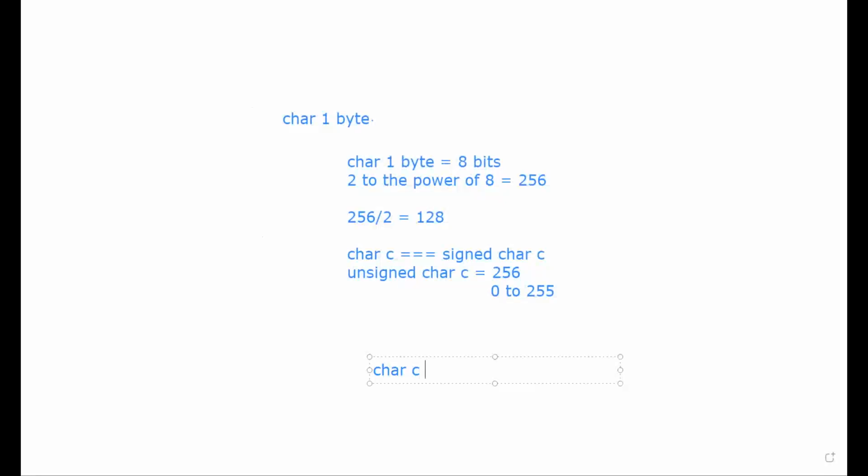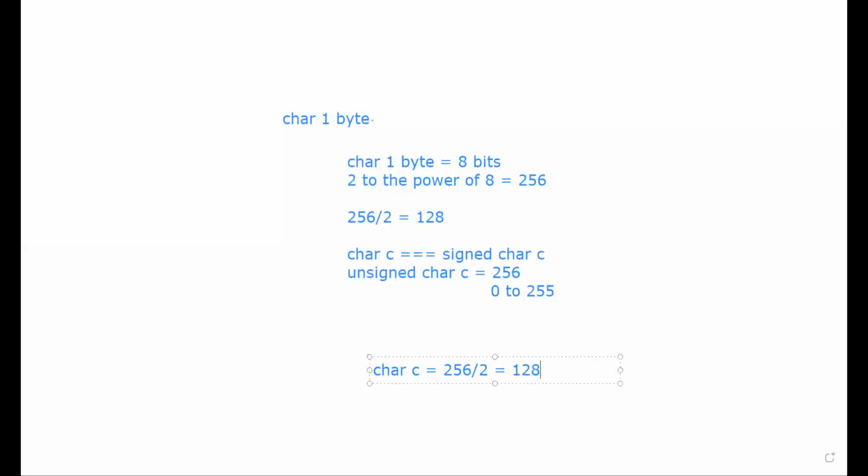Now, for signed char C, the range is, of course, 256. But of 256, half would be positive and half would be negative. So it will be 128 positive and 128 negative.